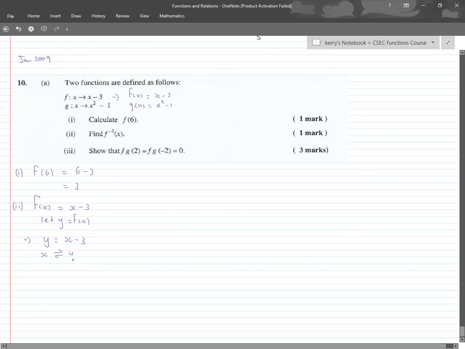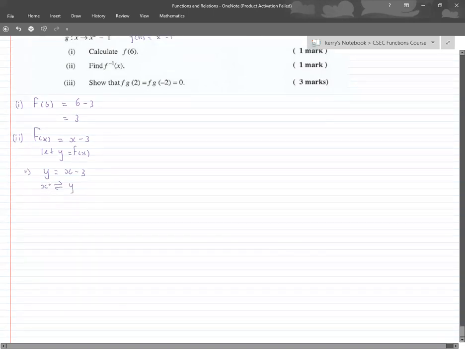So in this here now, we will get x is equal to y minus 3. All right, and now your next step is make y the subject. So how do we do that now? Given this equation, x is equal to y minus 3, let's just write it back.